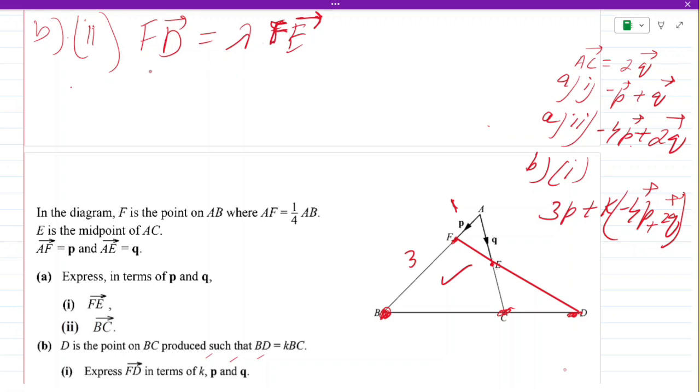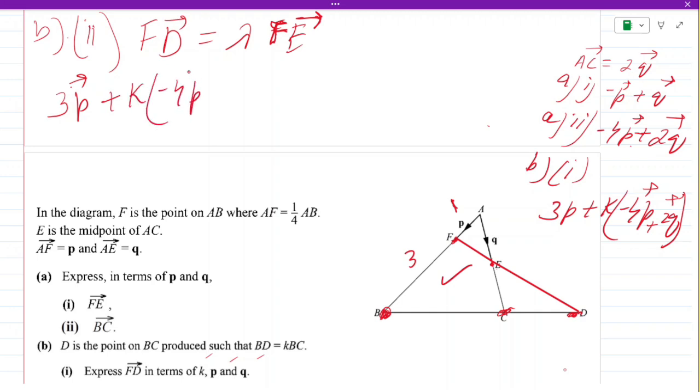Now we just plug in the value. Why did we use lambda over here? Because there is already a different scalar K in the value of FD, so we should be very careful about using the scalars.